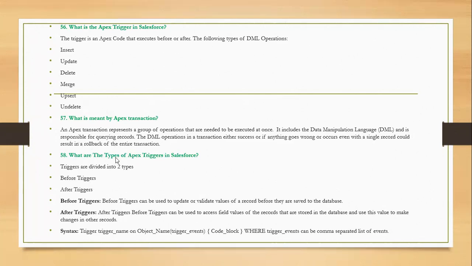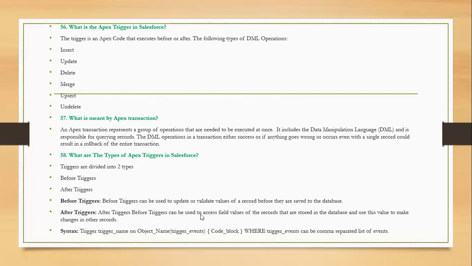Next question: what are the types of Apex triggers in Salesforce? Triggers are divided into two types: before triggers and after triggers. Before triggers can be used to update or validate values of records before they are saved in the database.